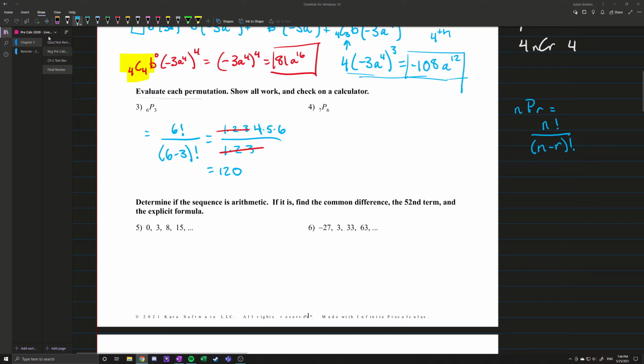Same thing for number 4. This is going to be 7 factorial over 7 minus 6 factorial, which is 7 factorial over 1 factorial, which is just 1. And this is 5040.